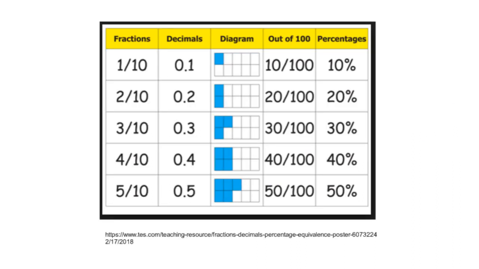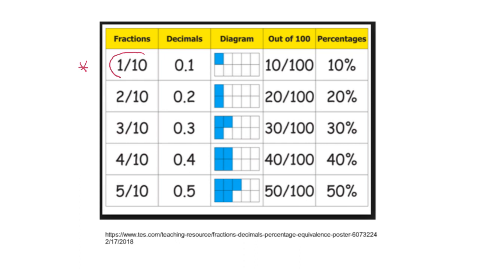This next graphic is really important. You can see the translation from fractions to decimals. There's a diagram. Out of 100, remember when you're talking about percent, it is per 100, and then they have the last column being percentages. So if we take a look at the very first row here, the fraction is 1 over 10.